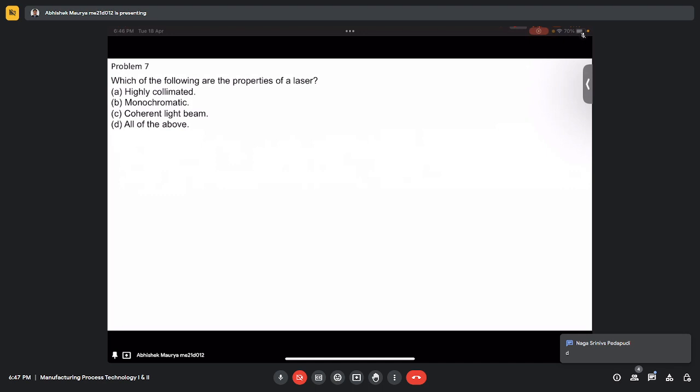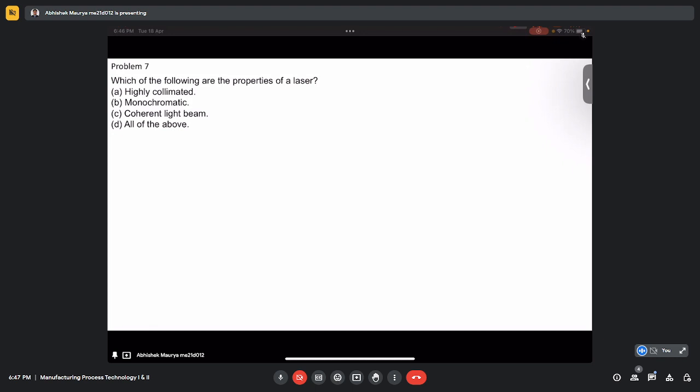So, which are the properties of the laser? Let me quickly tell you how basically laser is produced and how we are getting this kind of properties. This kind of properties is required for the intense energy.